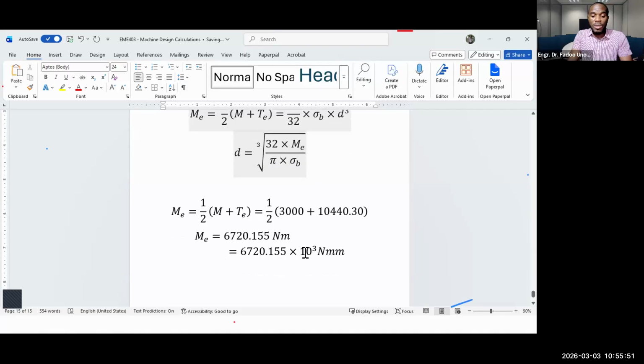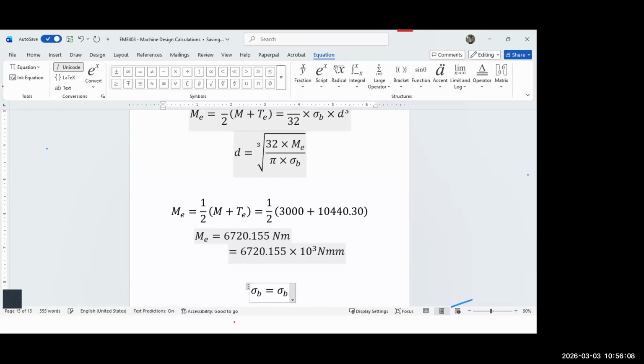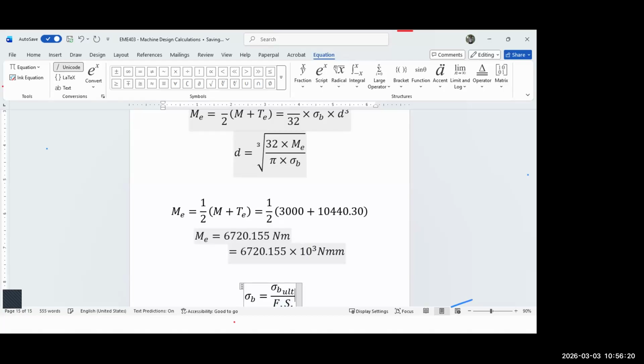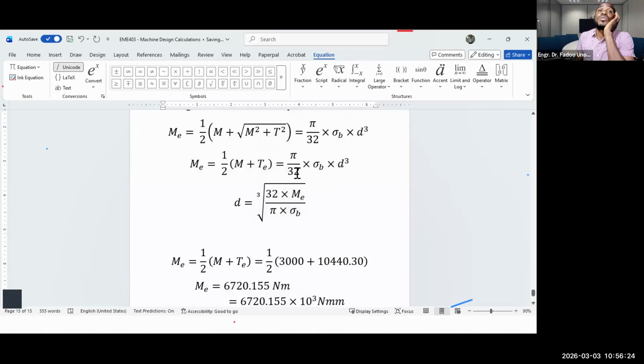And then we can find the maximum allowable shear stress by dividing the ultimate shear stress by the factor of safety. What was the ultimate normal stress?